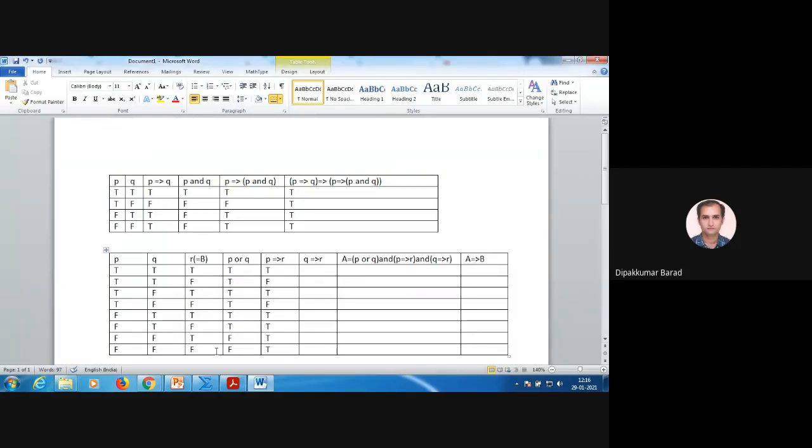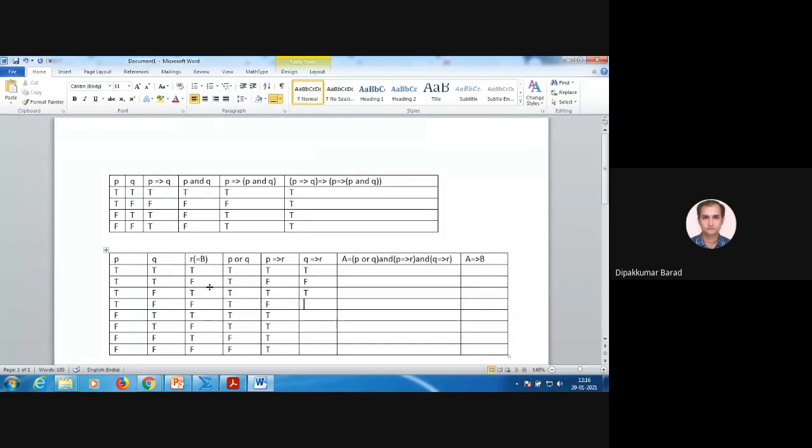And Q implies R. Now Q implies R. So T implies T, T. So Q implies R, which I get F, T here.